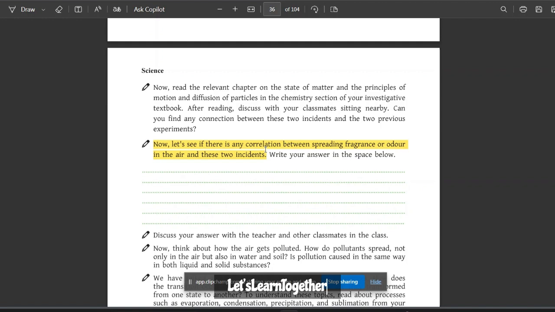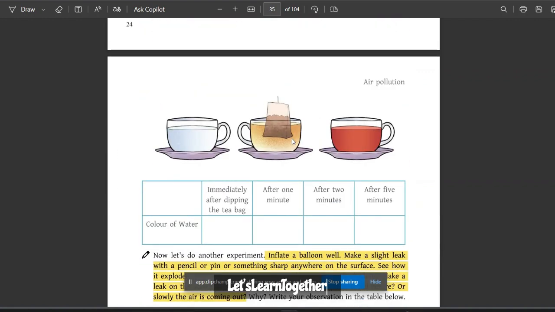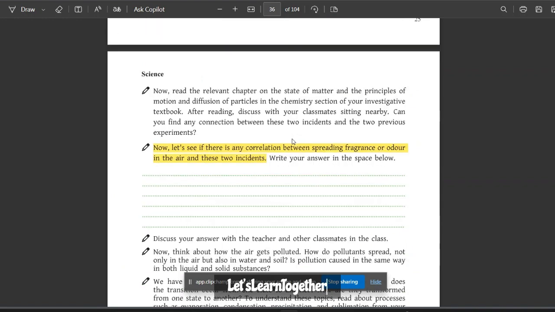So that was an experiment that they told you to do at first, and then they told you to compare that experiment with the previous two incidents that are given here. That means this balloon incident and this tea incident. They have told you to find the correlation between them.